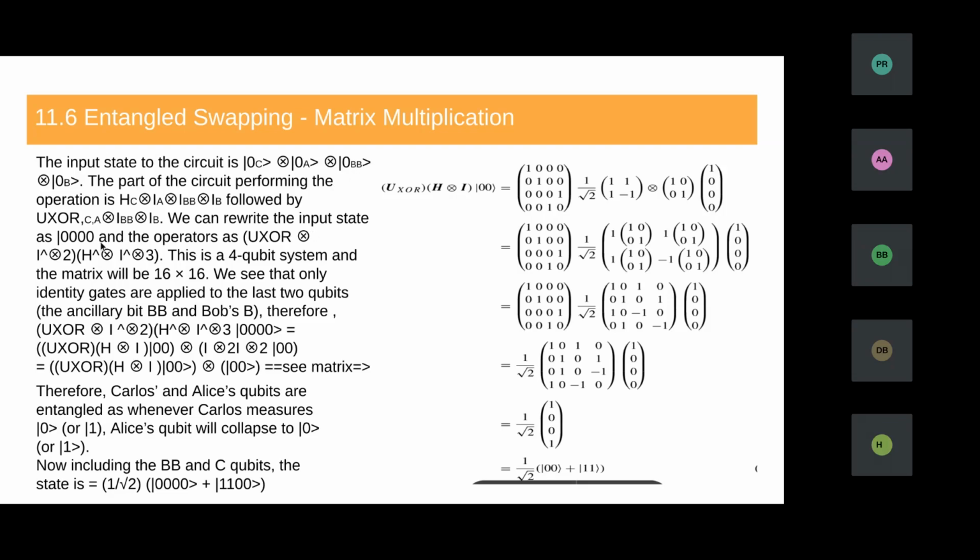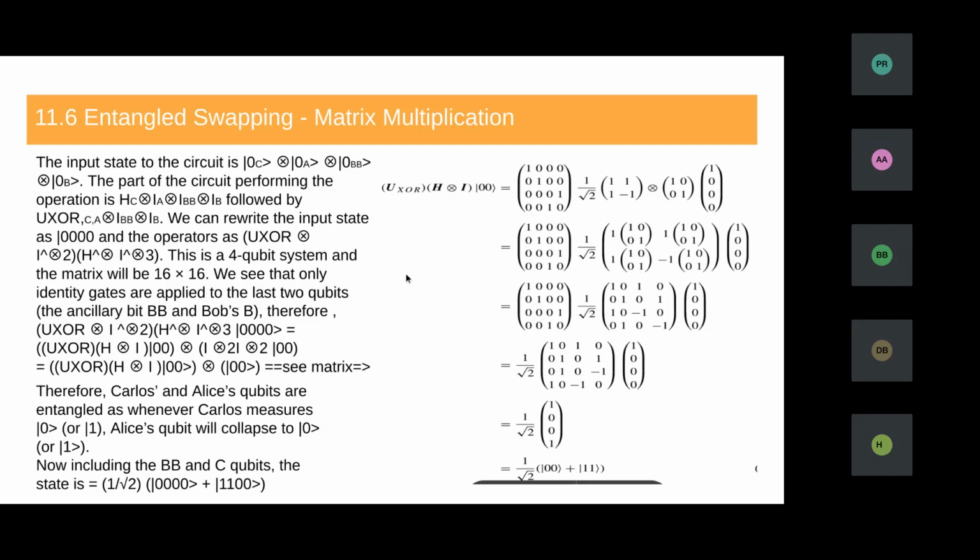And if I do the UXOR of, that is I, the identity matrix raised to XOR square, and Hadamard of the XOR. So basically he is doing some 3 times C naught on individual qubits, and this is a 4 qubit system, and therefore the matrix will be 16 by 16.